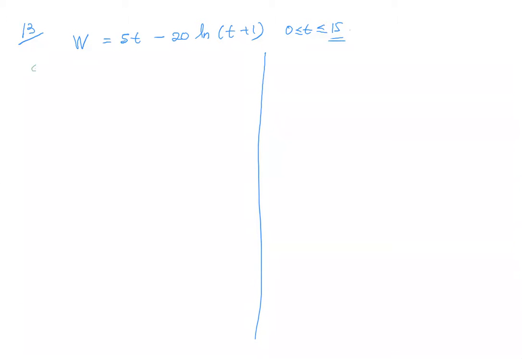So if you use your GC, you will get a graph like that. You can go to the window. The Y minimum is 77, Y maximum is 109. So you start with 90, then you go down, then after that, you go up.